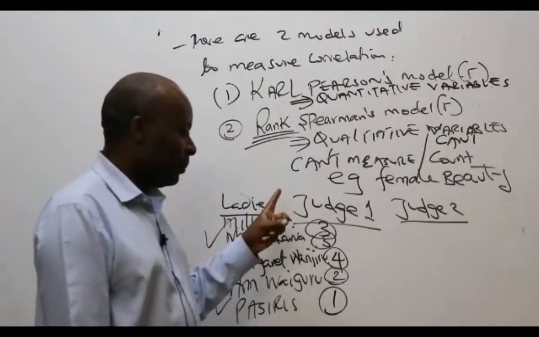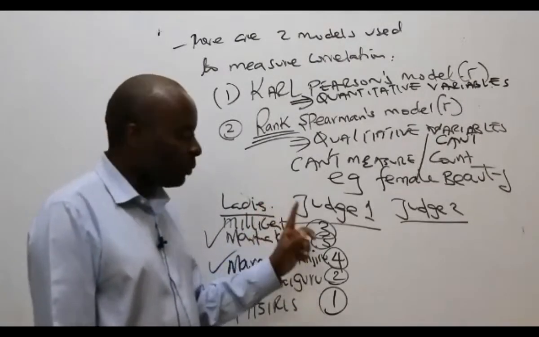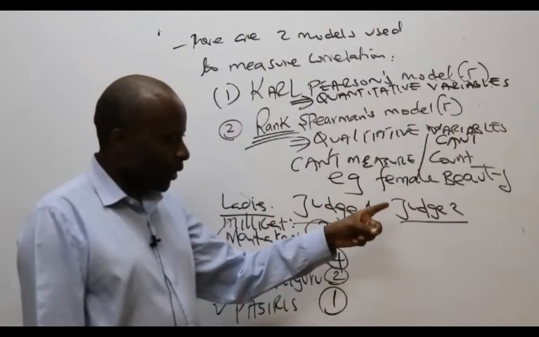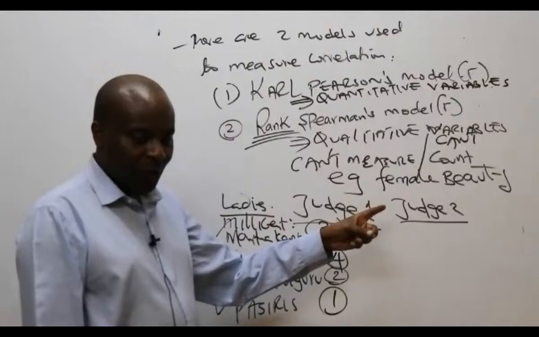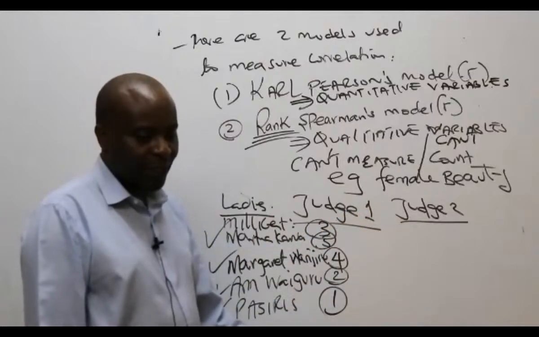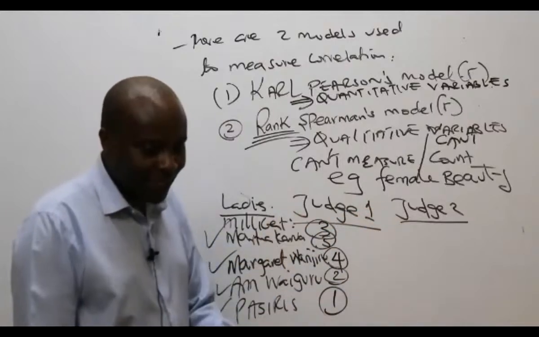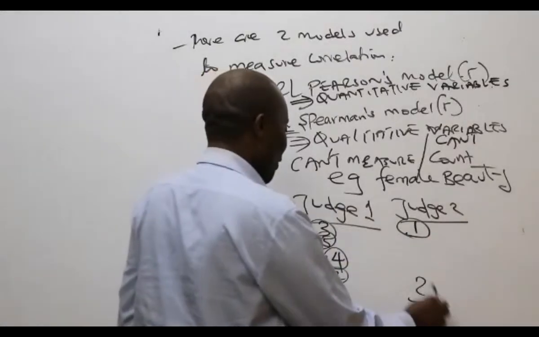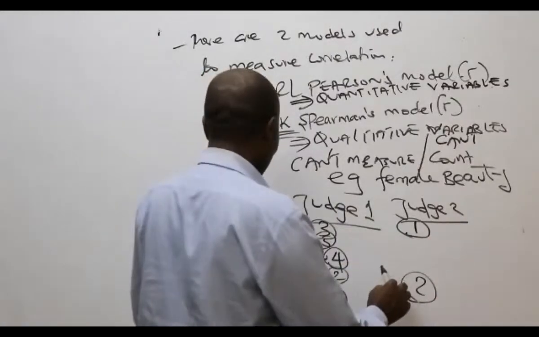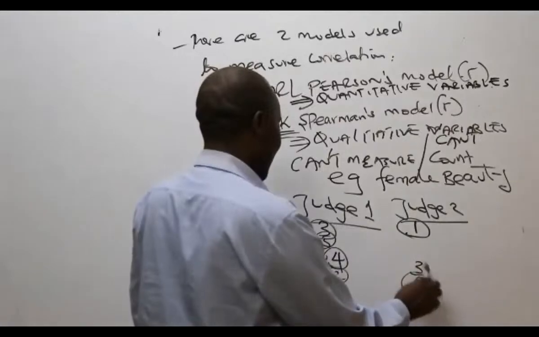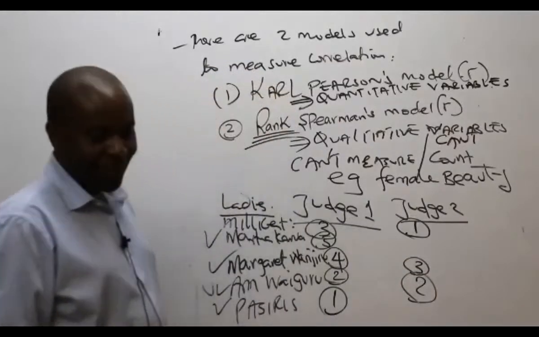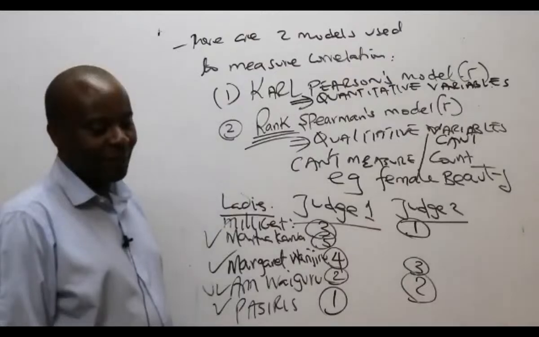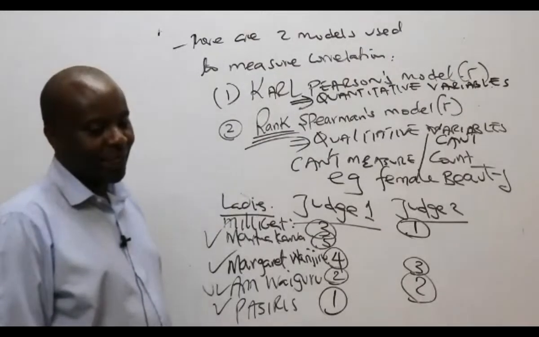Remember, what may be beautiful to Gibson may not be beautiful to Brian. So Millicent number 1, Passaris number 2, Waiguru number 3. Aki, give Karua last place.